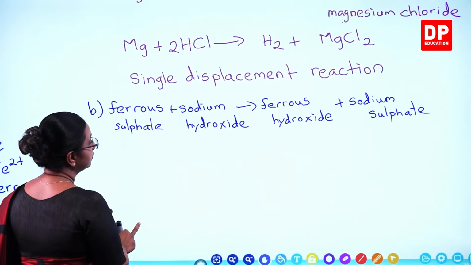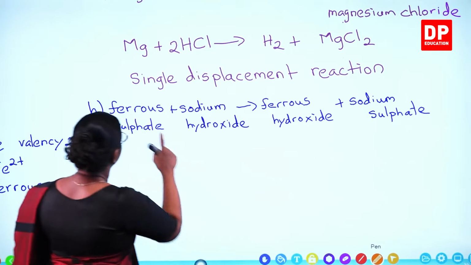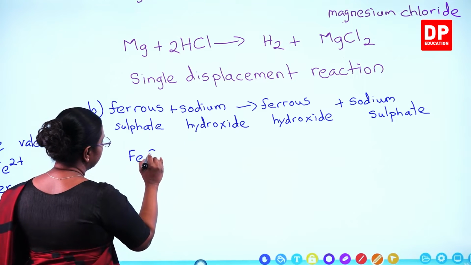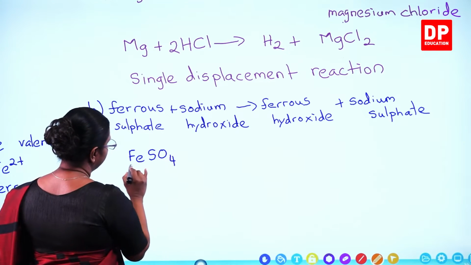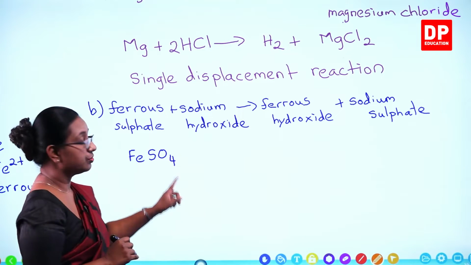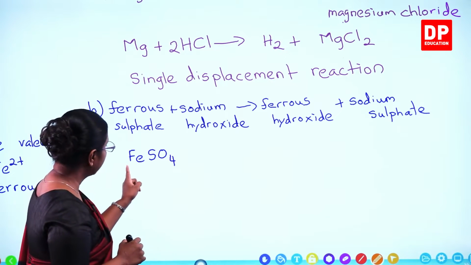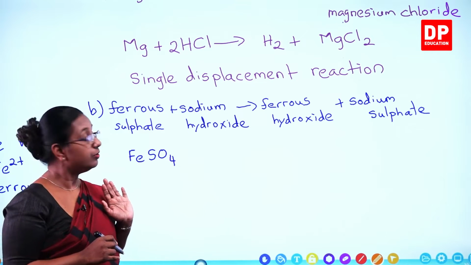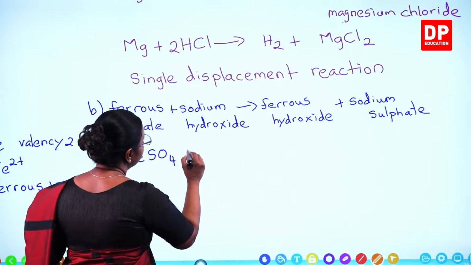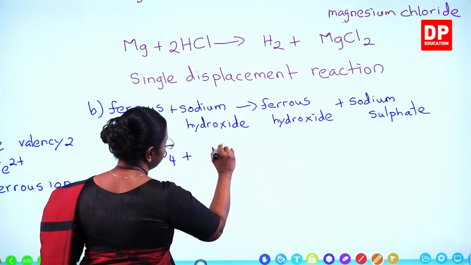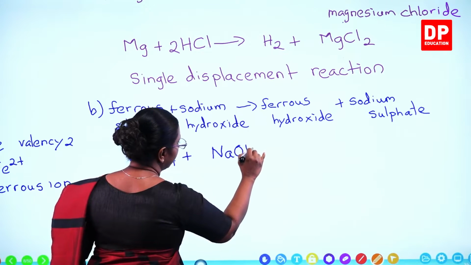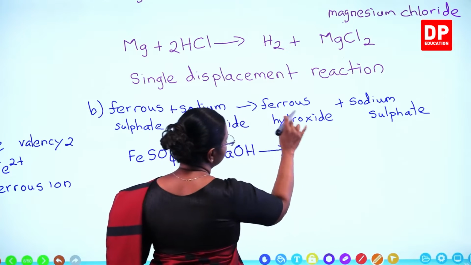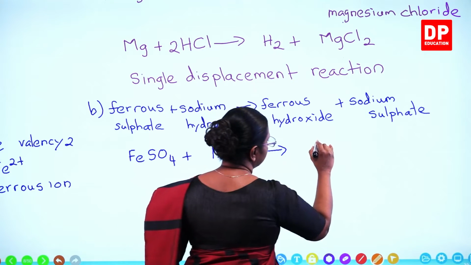So now, ferrous sulfate, so FeSO4, Fe2+, SO4 2-. So that is the chemical formula. You have to know that. Then for sodium hydroxide, you know, NaOH. That gives rise to ferrous hydroxide.